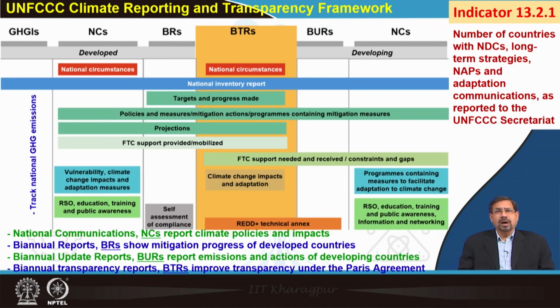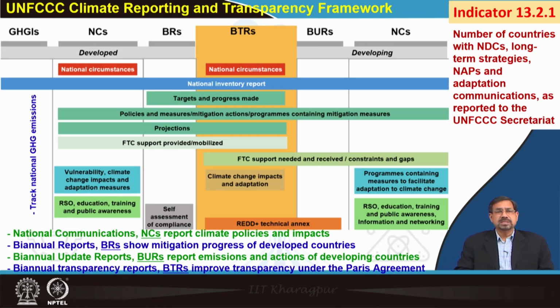So, moving on, let us see how the UNFCCC climate reporting does a kind of transparent job, and what are the frameworks under that. Let us look at these 3-4 terms. One is GHGI, greenhouse gas inventory. This greenhouse gas inventory tracks the national greenhouse gas emissions.